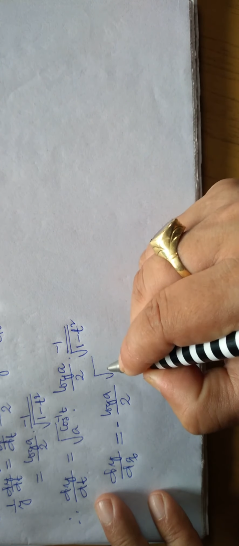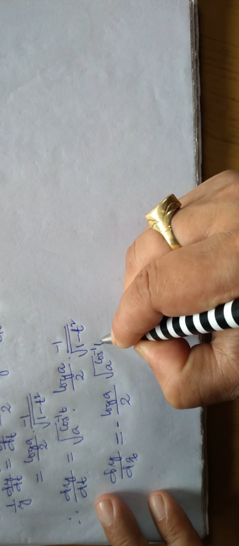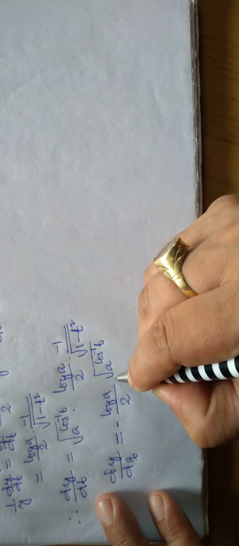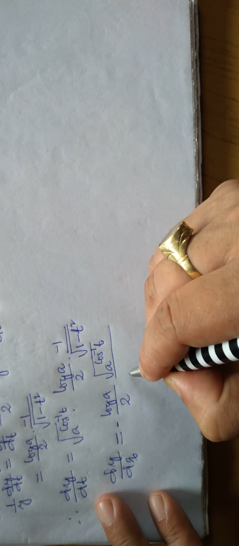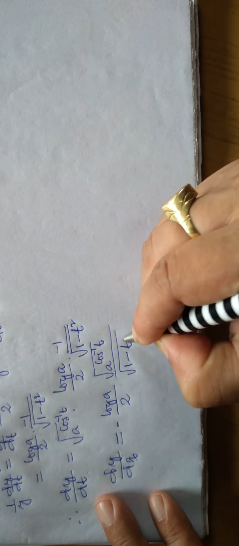The numerator is root over a to the power cos inverse t, and the denominator is root over 1 minus t square.